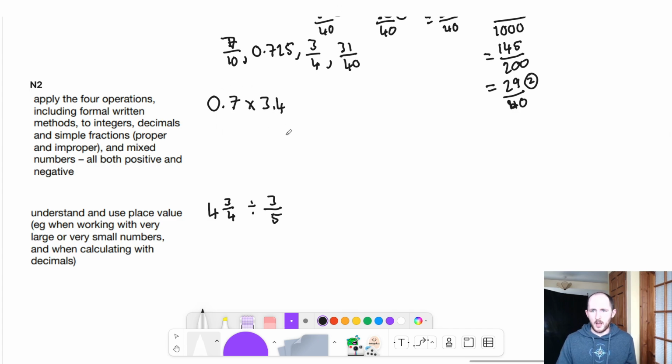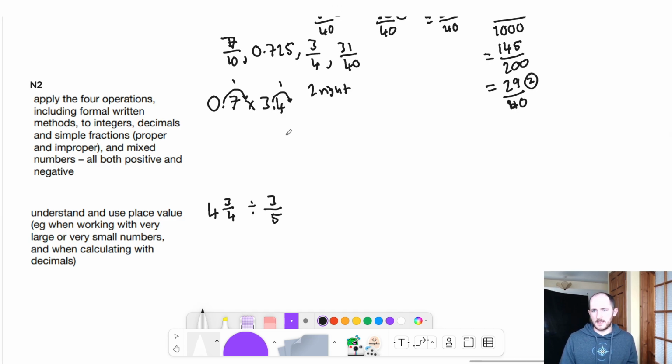So I'm going to move this one 1 to the right, so that's 1, and I'm moving this one 1 to the right, 1. Overall, I've moved the decimal places 2 to the right, and that's going to be really important later on. Now I'm going to do 7 times 34.